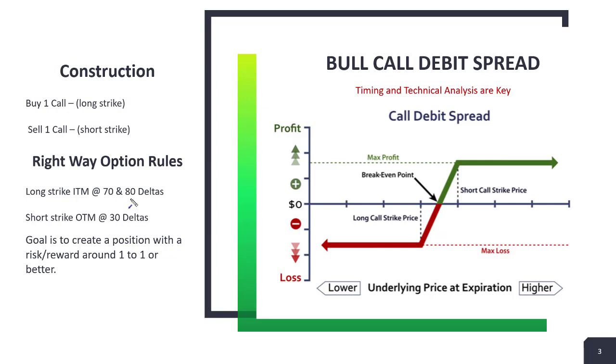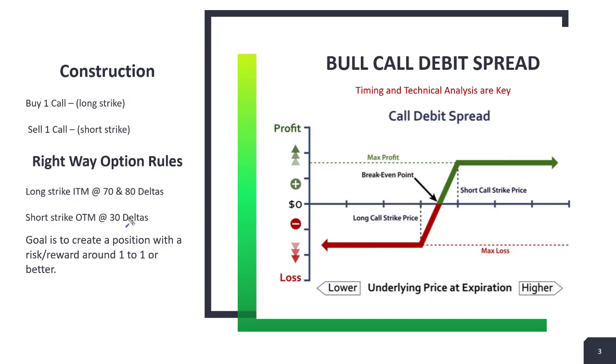Any option that is not in the money at expiration has no value. It's worth zero. So these give me that higher probability of being in the money at expiration.